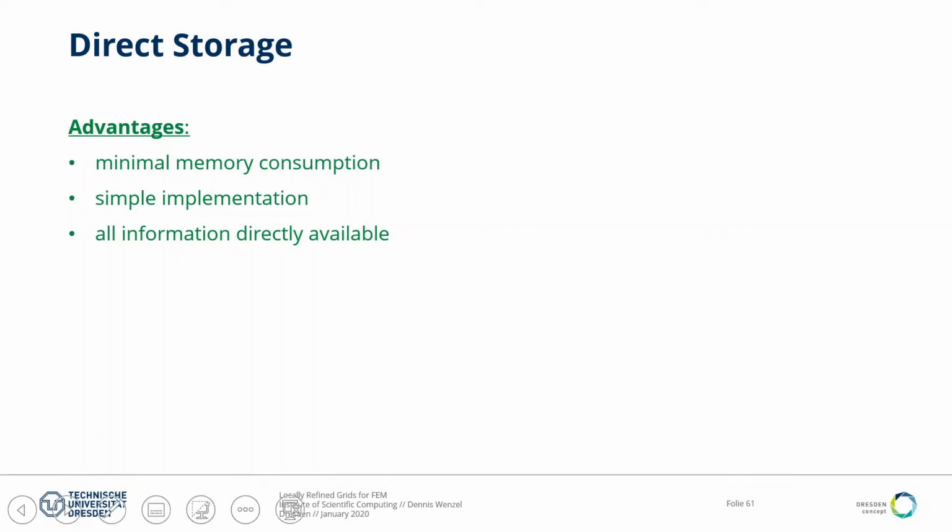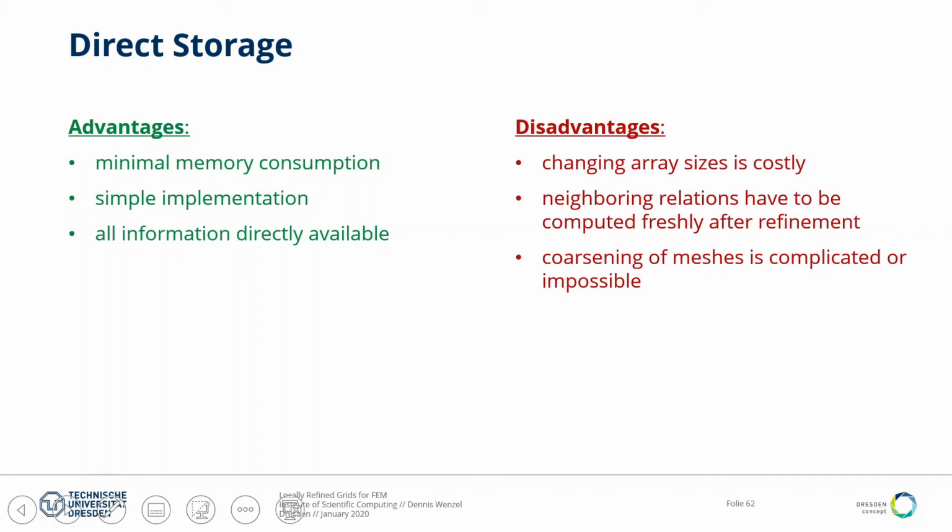Okay, but it also has disadvantages, and that's interesting here. Changing array sizes is actually a very costly operation. So for usual programming languages, for arrays, for example, also in MATLAB, in Python here, or in C, if you change the size of an array, that's not very good. So arrays, in comparison to lists, are static data structures.